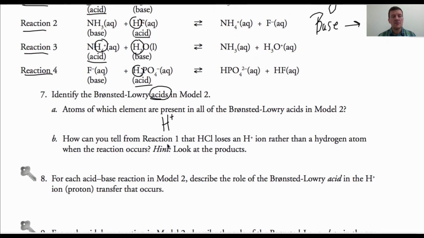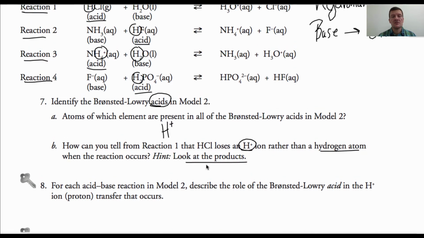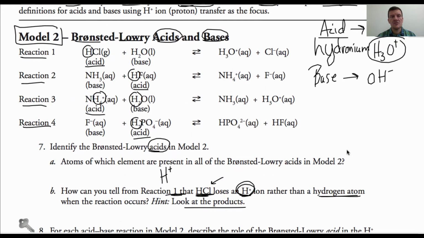How can you tell from reaction 1 that HCl loses an H plus ion rather than a hydrogen atom when the reaction occurs? So we're going to look at the products here. So again, we're saying, how can we tell from reaction 1 that the HCl, that's hydrochloric acid by the way, loses the H plus rather than a hydrogen atom when the reaction occurs?